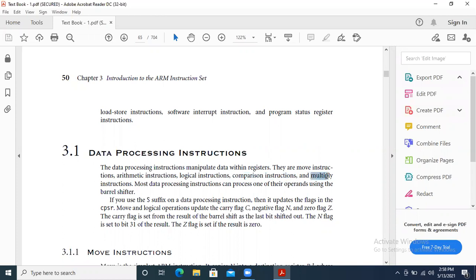Next, if you want to multiply the values, then we use the multiply instruction here. So here we get again two different types: one is single-word, and one more is the multi-word, inside the multiply instructions here. So this is the basic idea regarding the five types of data processing instructions here.